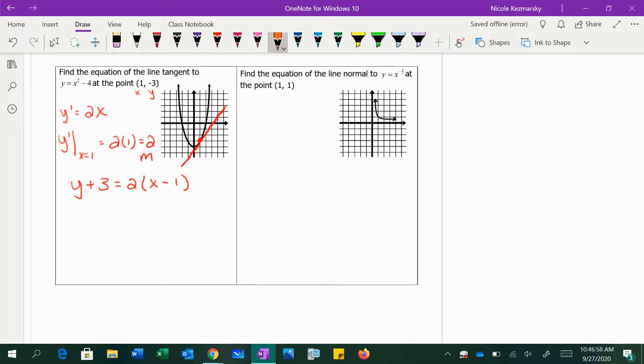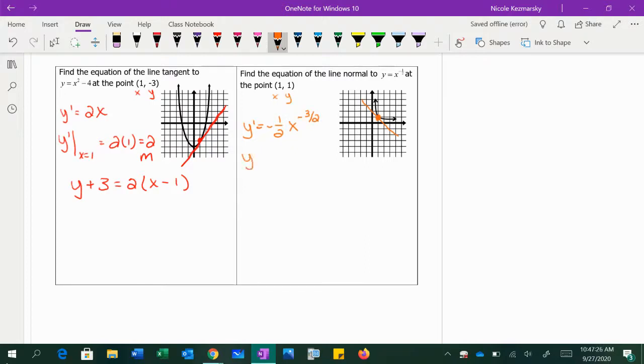And for this last one, we've got the point 1, 1. If we sketch in a slope, it looks like that. We've got our x value. We've got our y value. Now we just need a derivative. So we're going to say y prime of x equals, that says negative 1/2 in the exponent. So we're going to have negative 1/2 x to the negative 3/2.